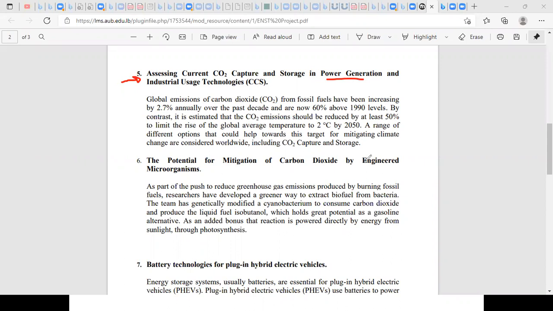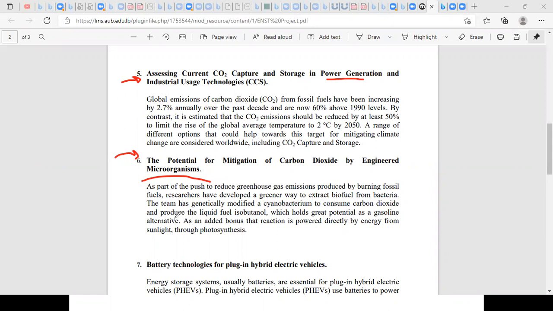Now, another application that can be a possible topic is the potential to reduce CO2 emissions by using engineered microorganisms. I think no one of you is a chemical engineer, but in case one is interested in chemical engineering, we can do this topic. So you can see that this course involves several fields: mechanical, electrical, and chemical engineering. A part of the push to reduce greenhouse gas emissions produced by burning fossil fuels will be to develop a greener way to extract biofuel from bacteria.